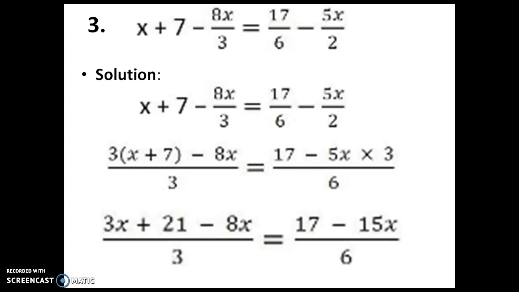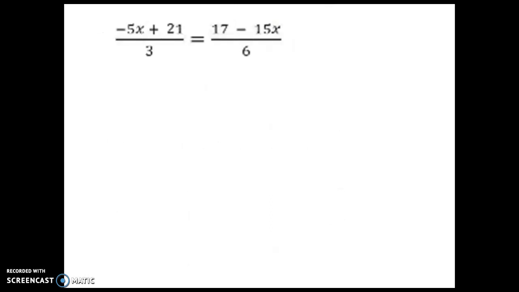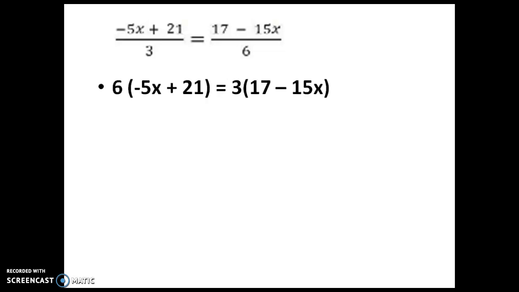Then remove the brackets. Whatever multiplication is there, brackets are there, that has to be done. So 3x plus 21 minus 8x by 3 equal to 17 minus 15x by 6. Now reduce the numerator, so that is reduced to minus 5x plus 21 by 3 equal to 17 minus 15x by 6. Then cross multiply, so 6 will be multiplied in the LHS and 3 will be multiplied in the RHS.